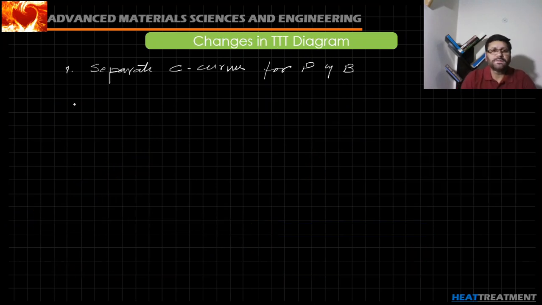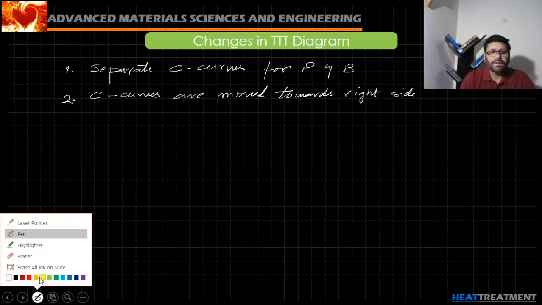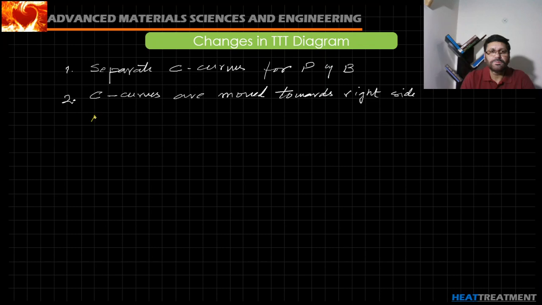Now the second significant effect we write as: two, the C curves are moved towards the right side, or we can say towards the higher time scale. And this is understandable, why this is happening.